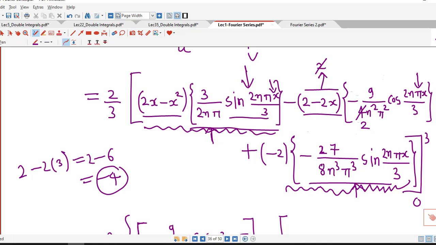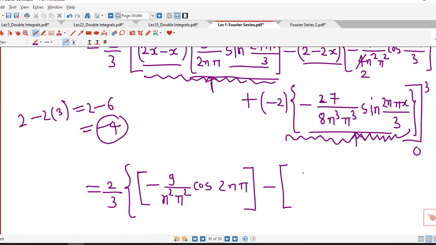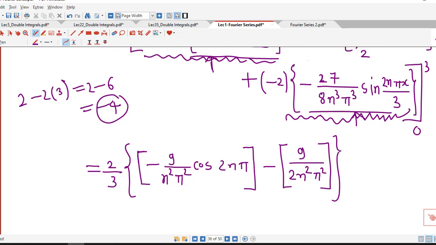So we have 9 divided by 2 n square pi square cos 0. Cos 0 is 1. So we only have 9 divided by 2 n square pi square. 9 divided by 2n square pi square is the contribution from x equal to 0.